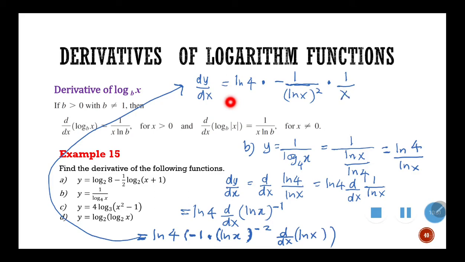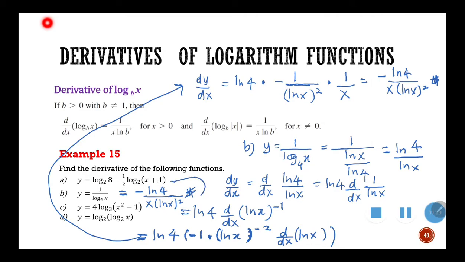So that is your final answer. Or you can simplify this to negative ln 4 over x (ln x) squared. This is our answer for B: negative ln 4 over x (ln x) squared.